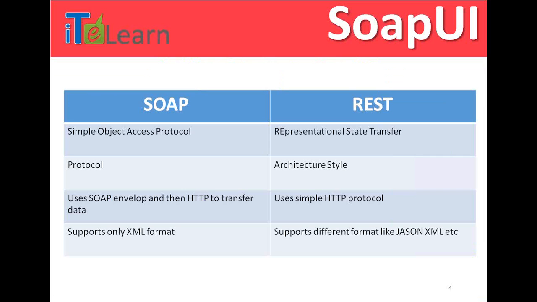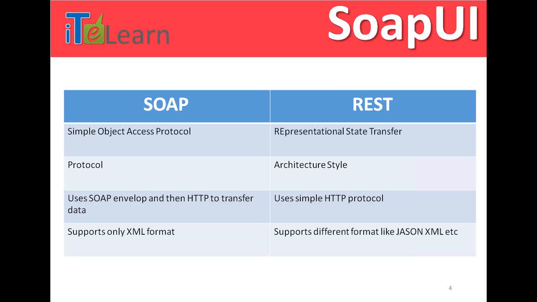So there are two types of web services available. Mostly we are using SOAP, and these days RESTful web services are very popular. Initially we'll see about SOAP. It's Simple Object Access Protocol, a protocol which most SOAP-based services use.